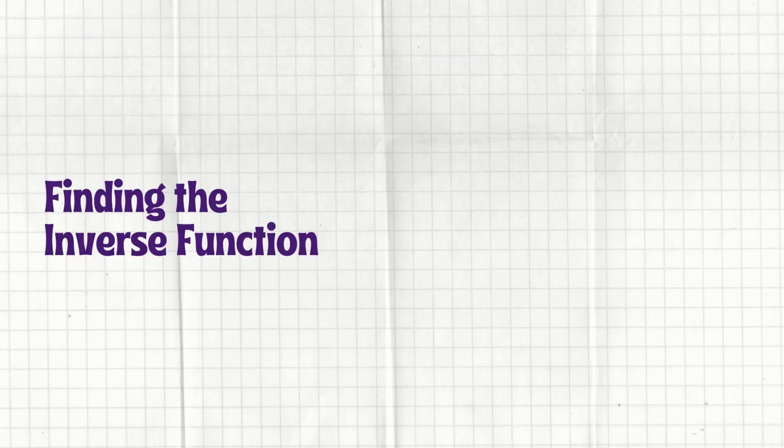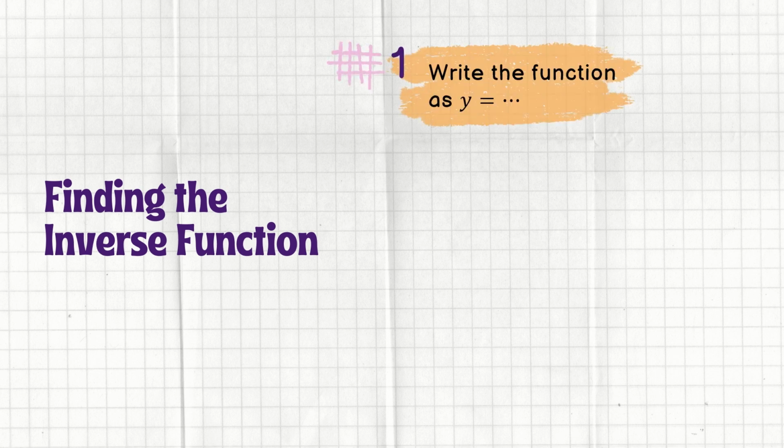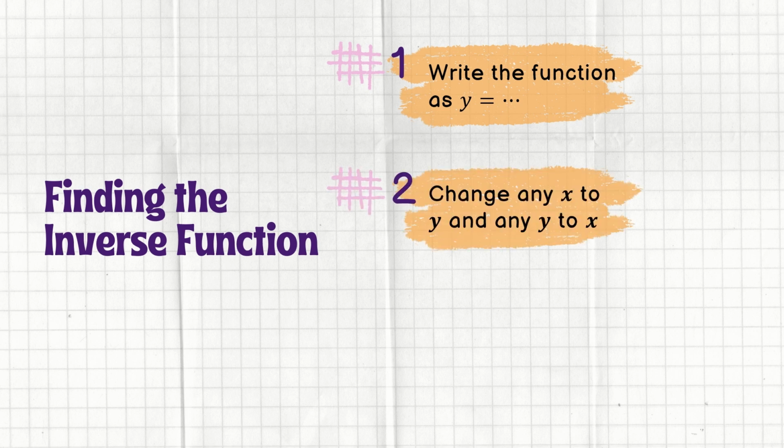But what if the inverse function is not obvious? Okay, so the following steps will help you to find the inverse function. Step 1. Write the function as y equals what. Step 2. Change any x to y and any y to x.